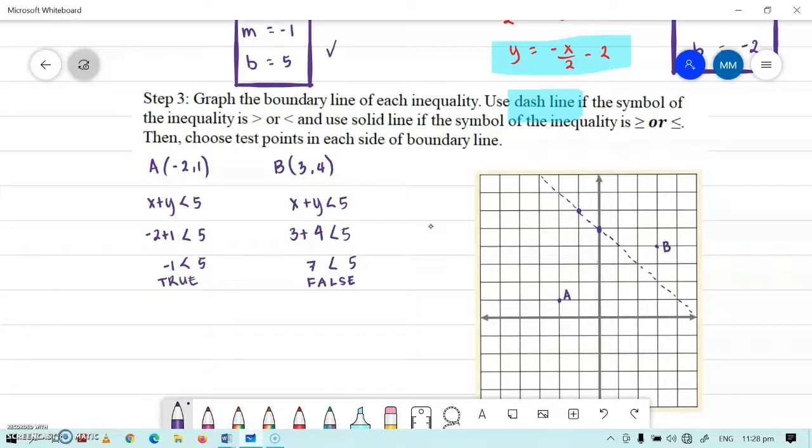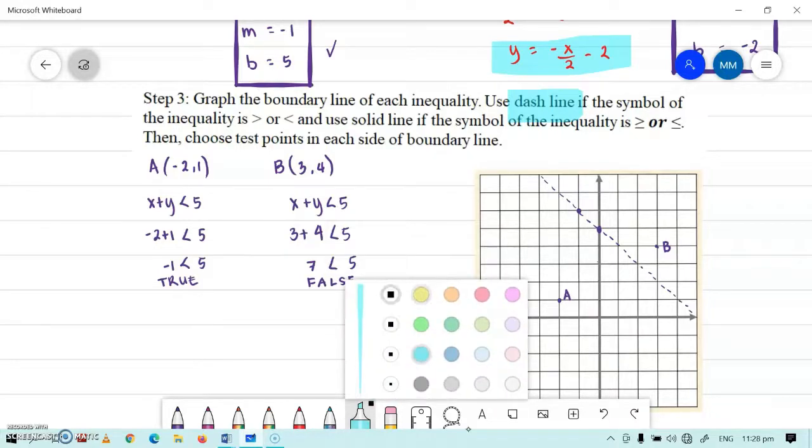Meaning to say, we will shade the side of test point A. So shading the side of test point A. Let's use another color.